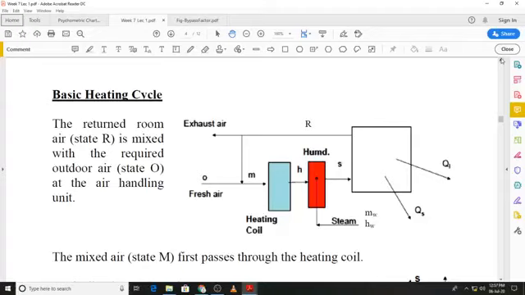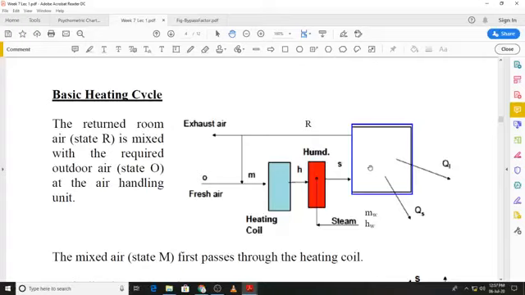First, I will describe the schematic of the heating cycle. You can see that we have the space. This part shows the conditioned space in which we want to maintain a certain temperature and humidity ratio, or a relative humidity.